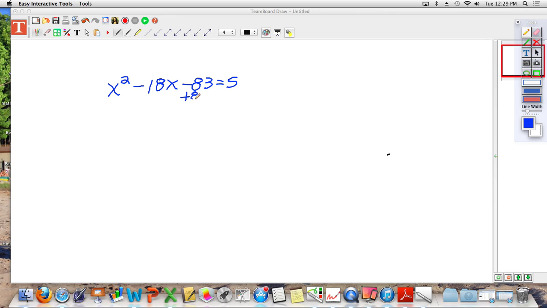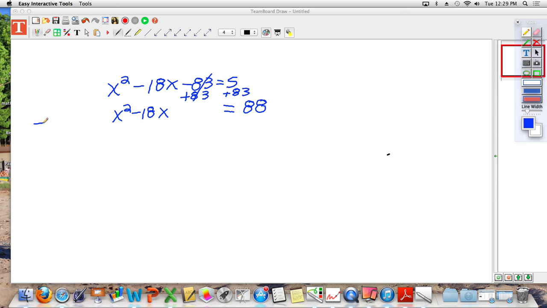Add 83 to the left, which means you need to add it to the right. So you have x squared minus 18x. Those cancel out. Leave your space. Equal to 5 plus 83. 5 plus 83 is 88. No new steps yet. Nothing's new yet.